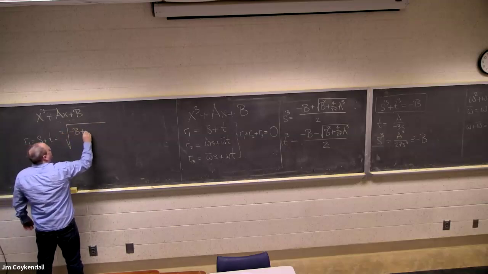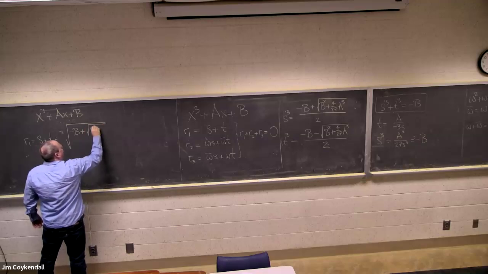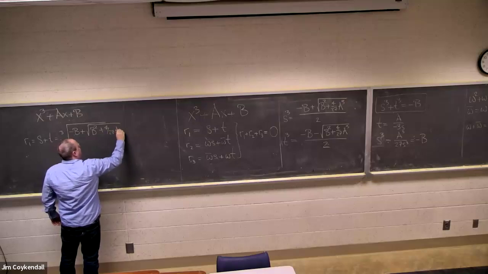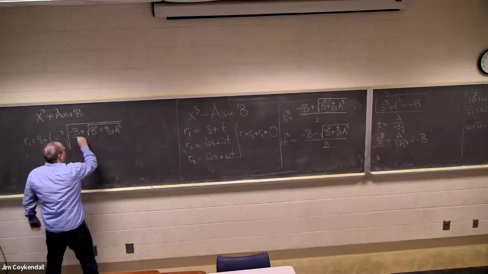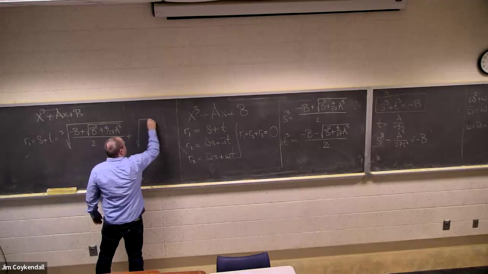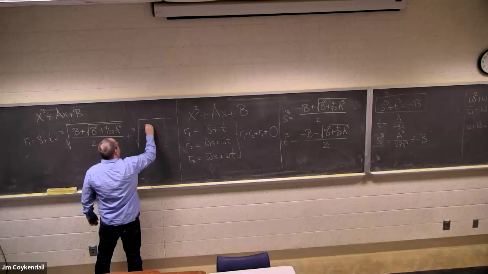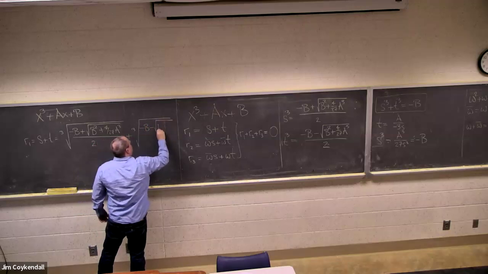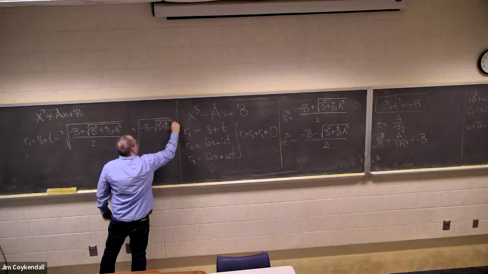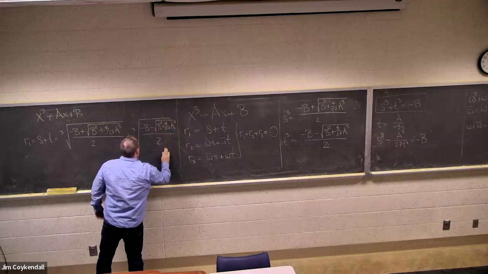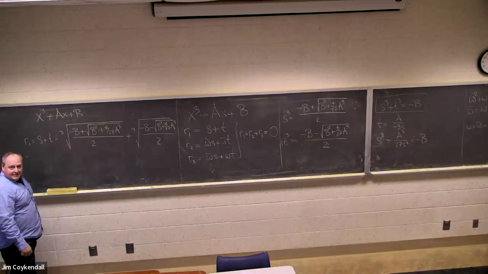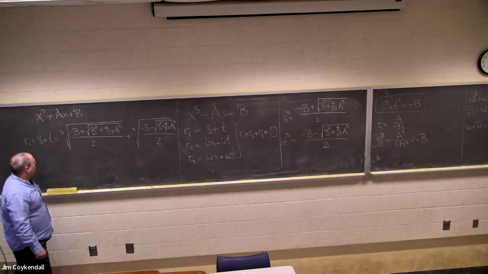Negative b plus square root of b squared plus 4/27 a cubed over 2, plus the cube root of negative b minus the square root of b squared plus 4/27 a cubed over 2. That's one way to write one of the solutions.